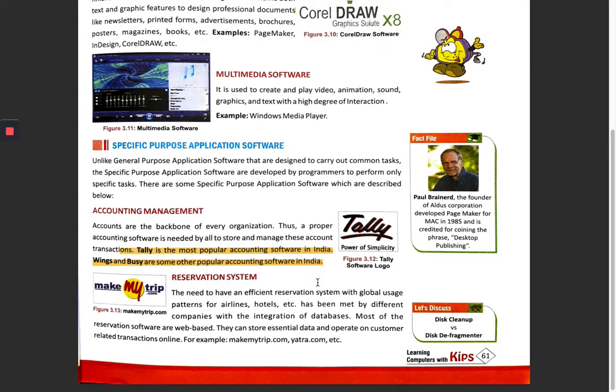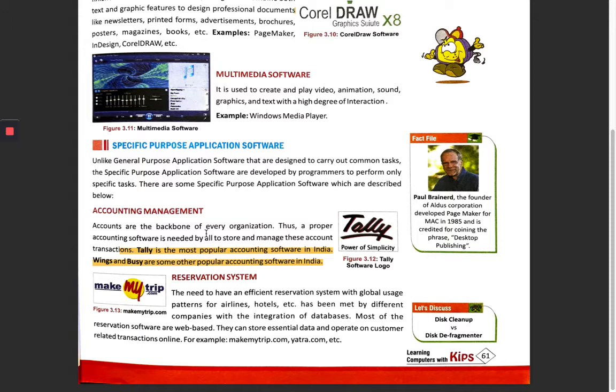Then we have the reservation system. The need for an efficient reservation system with global usage pattern of airlines, hotels, etc. has been met by different companies with the integration of databases. Most of the reservation software is web based, because every time you need to do some reservation, it may be of hotels, airlines, railway tickets, we have some applications.